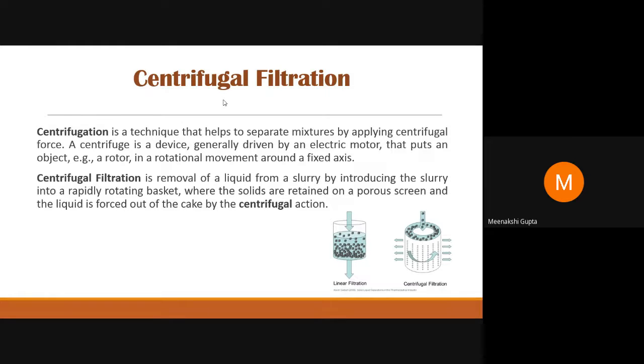Now the same basic principle we can use for filtration. Centrifugal filtration is the removal of liquid from the slurry by introducing the slurry into a rapidly rotating basket. For filtration we are using centrifugal force, which helps us in removing the liquid from the solid.